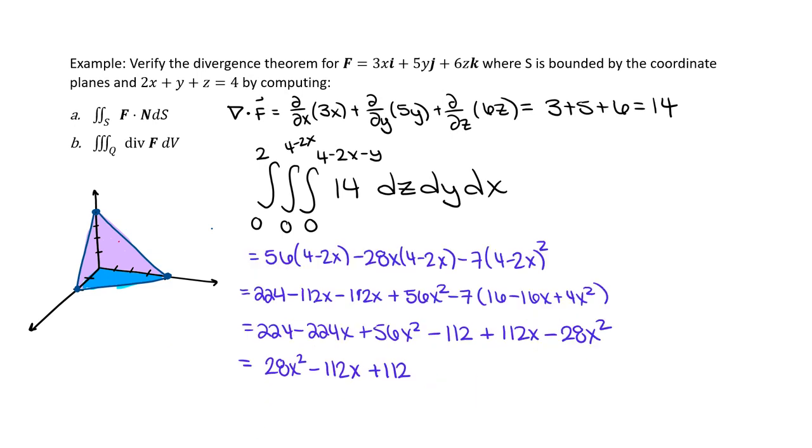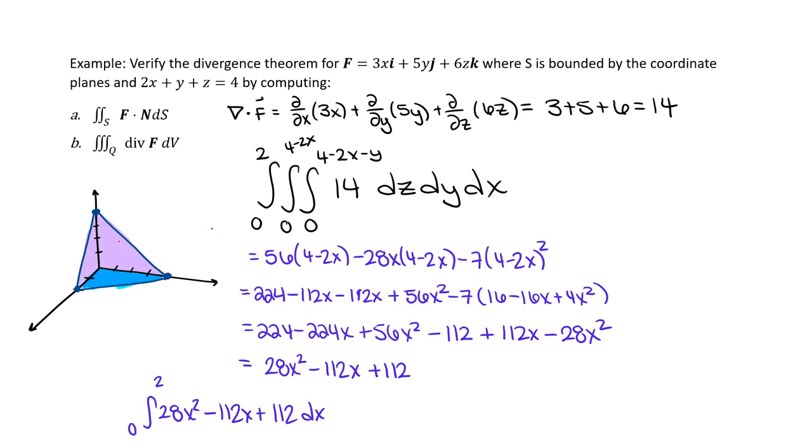I plugged in the 4 minus 2x in for the y's. And then I did lots of algebra. So I distributed, did some foiling, more distributing, combining like terms. And I was left with 28x squared minus 112x plus 112. All right, that was the second integral.